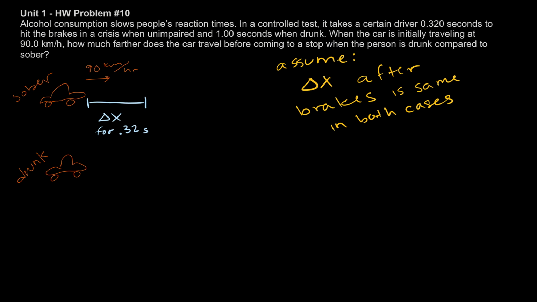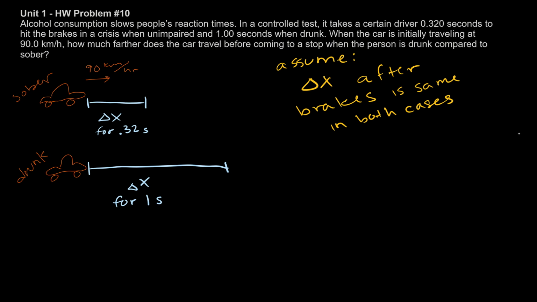Terribly drawn car. But the delta x is going to be larger for the drunk driver because the time is longer. They take 1 second, so they're going to travel a longer distance.